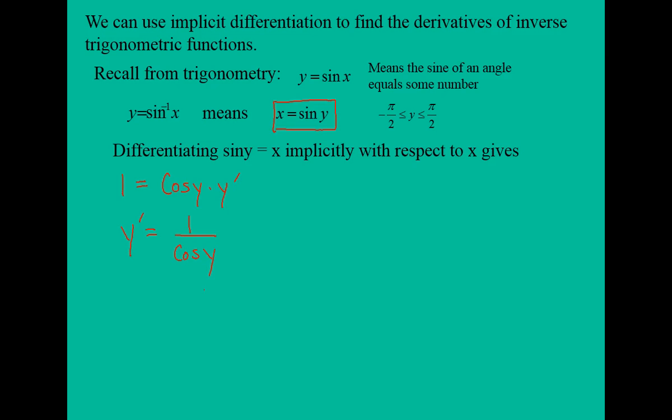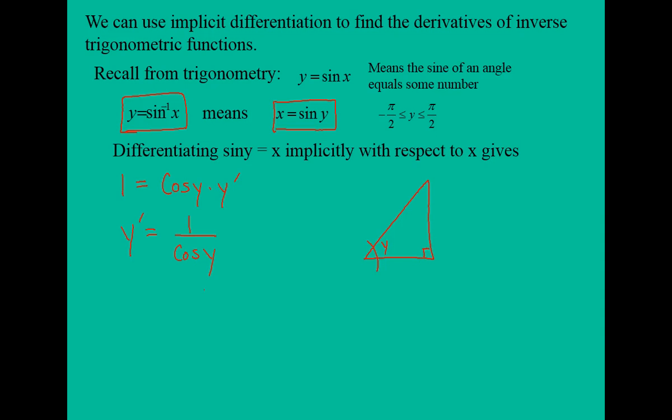That's the derivative of the sine inverse, but we want this as a function of x. We're looking for the derivative of this, so it should be a function of x. Let's build a triangle with this being angle y. I'm building a 90-degree triangle here.